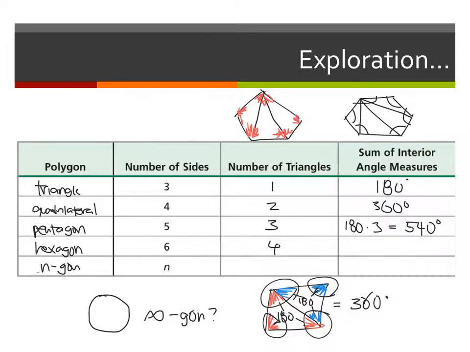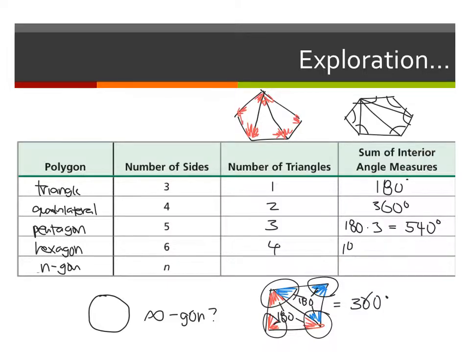Since there are 4 triangles, yes? Is the sum of the interior angle measures the sides minus... Oh, whoa. Wait a second. You're jumping ahead. People are thinking about the sum of the interior angle measures. I'm going to come back to you, okay, Owen? But what is the sum of the interior angle measures for a hexagon? 720.